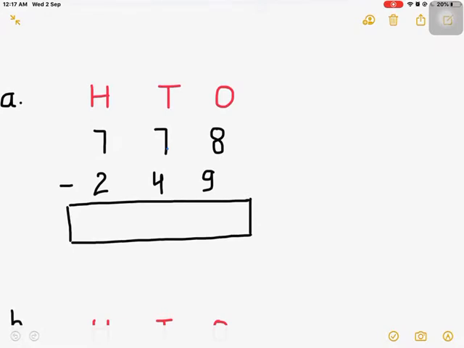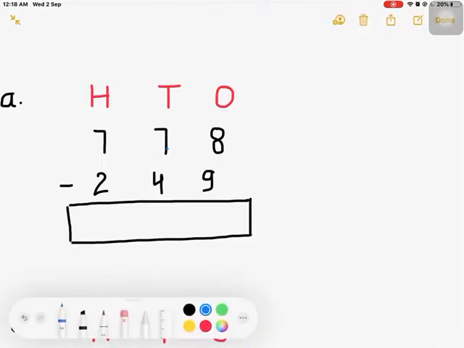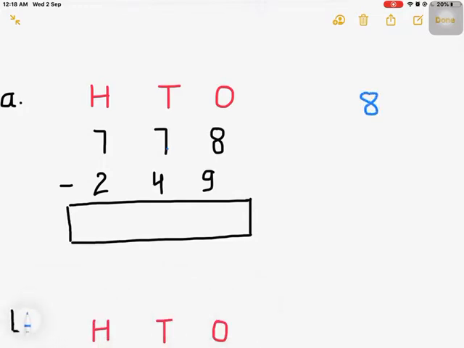Here always we start to subtract from the ones column and then tens column and then hundred column, isn't it? So here in ones column we have 8 minus 9. We have to subtract 9 from 8, but see, 8 is less than 9. So what we do? Here actually we have 7 tens in tens column, isn't it?